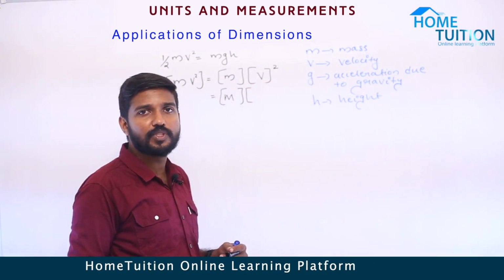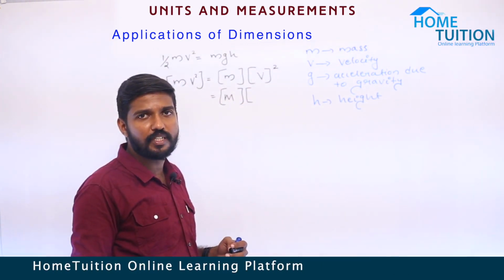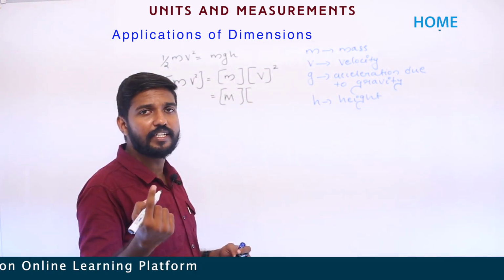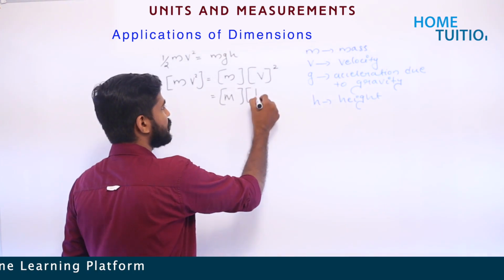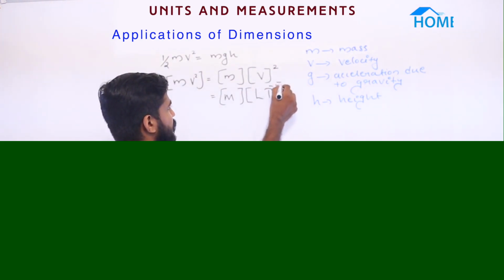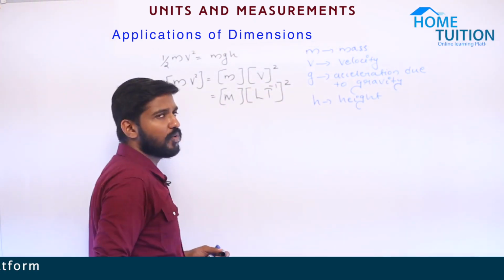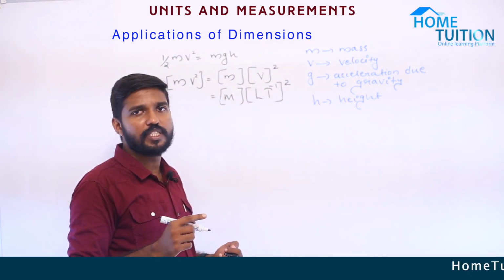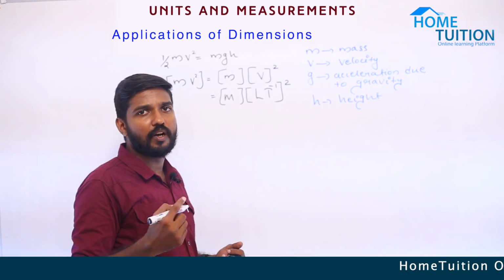What is the dimension of velocity? It's nothing but L t raised to minus 1, right? So mv square is the dimension of m into the dimension of velocity, L t raised to minus 1, the whole square.